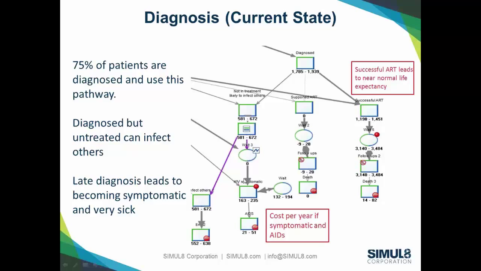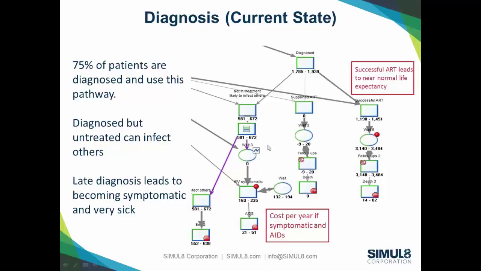And then they go through to becoming symptomatic, and each time, this is a year wait, so there's a cost incurred each time they route through that year, and then eventually they go on to AIDS. So what we're doing then is modelling the potential burden of disease if people are not treated, and also the activity and costs if people do go through to treatment.